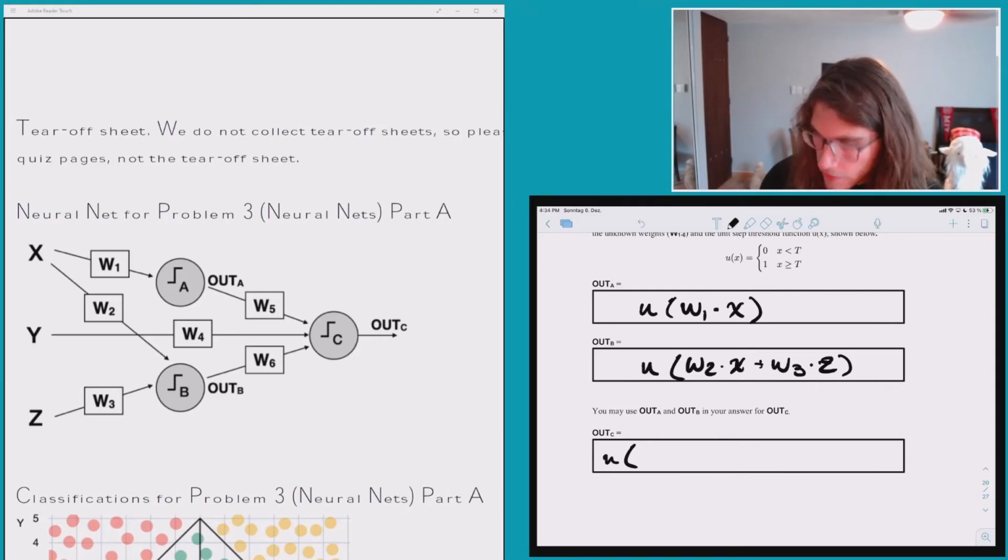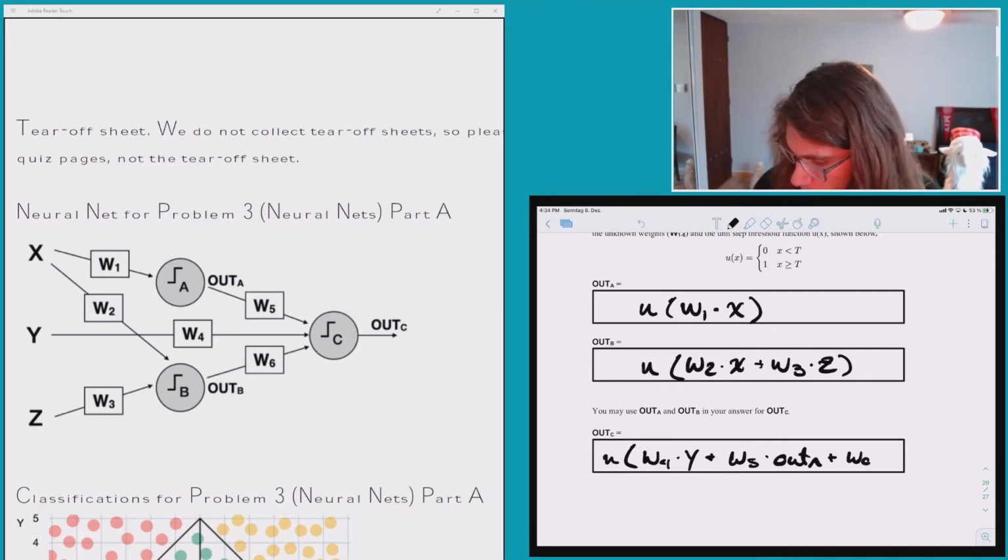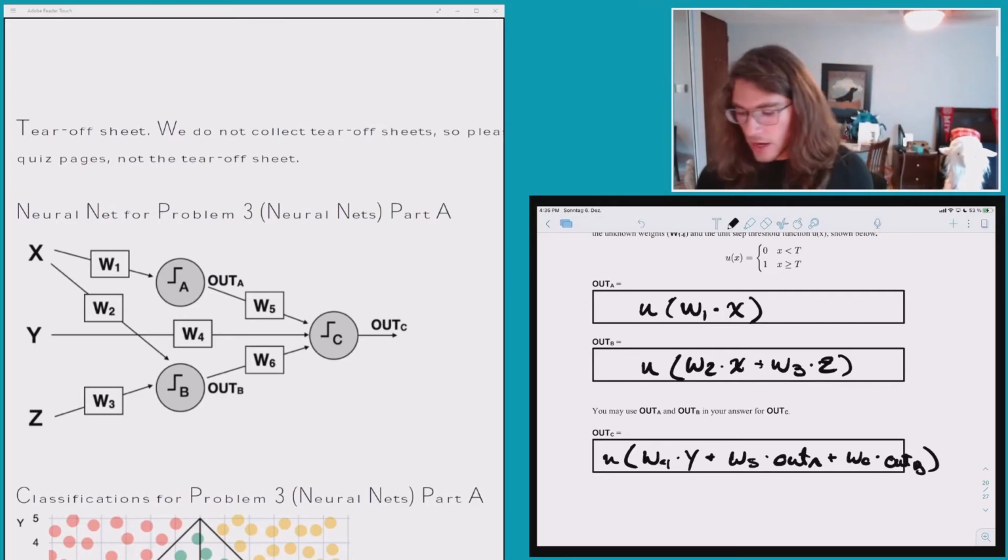And we have W4, in order of the weight number, W4 times input Y, plus W5 times out A, plus W6 times out B. And that is the output of the network.